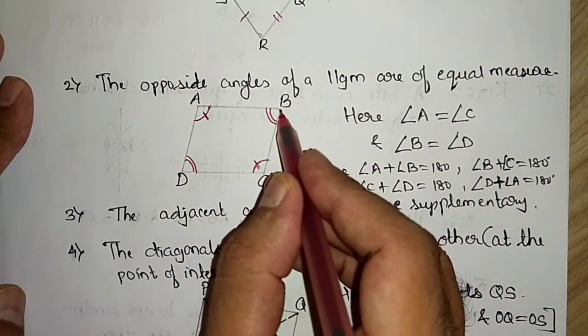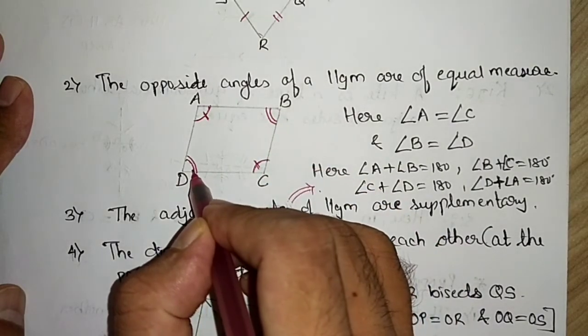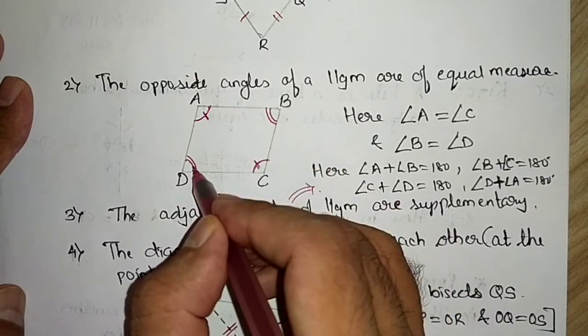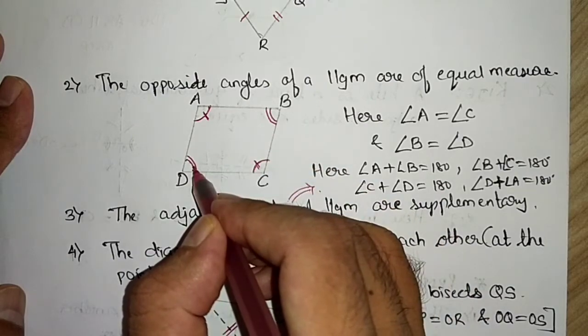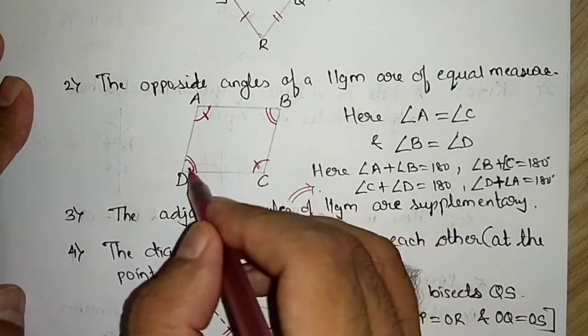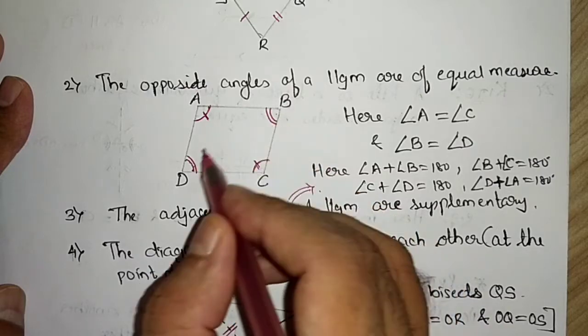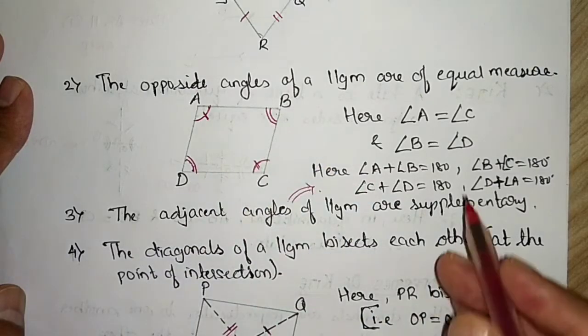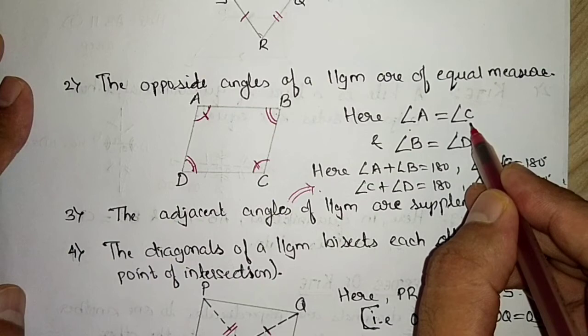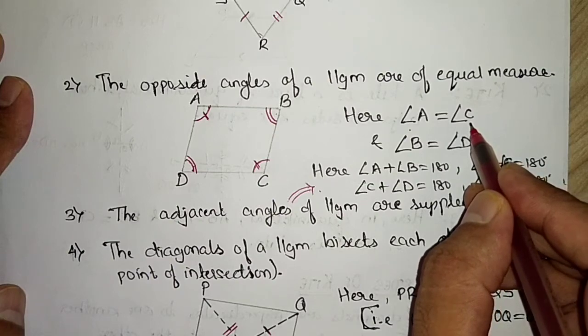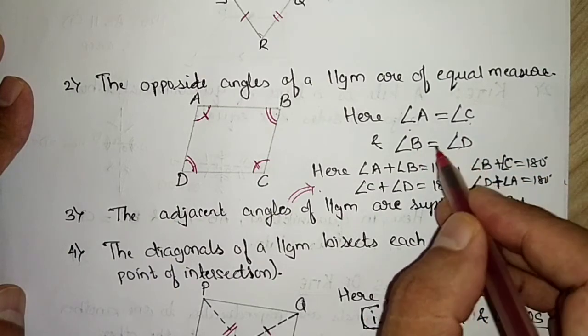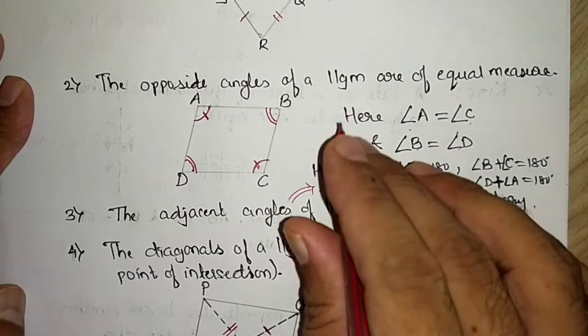And angle B is equal to angle D. Again, these equal signs represent equal measure. That means B and D have equal measures. So angle A is equal to angle C, which are opposite angles, and B and D are opposite angles, so they are equal if it is a parallelogram.